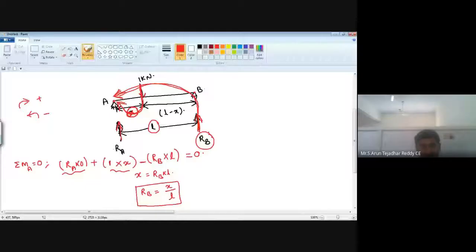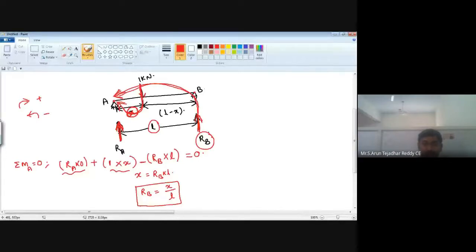Now we have another unknown, that is RA. How to calculate RA? By applying another equation of equilibrium. Moment about A is already completed. Now I require reaction RA, which is in the vertical direction.